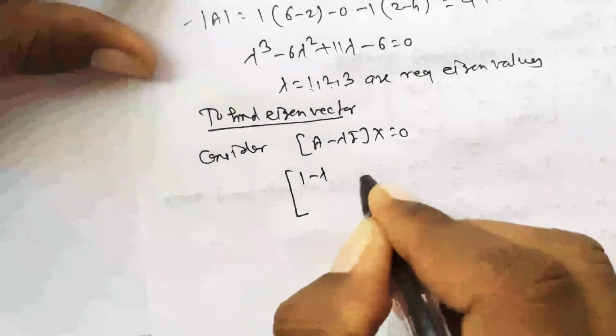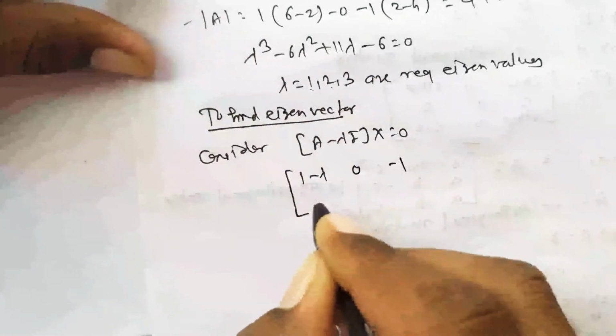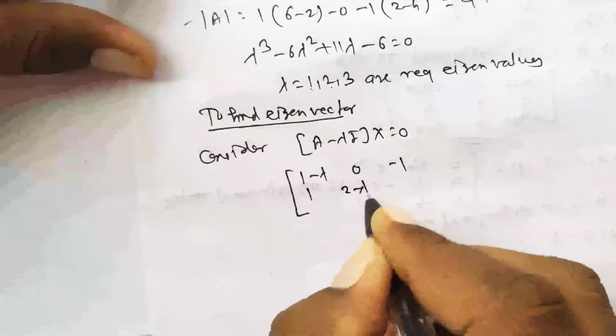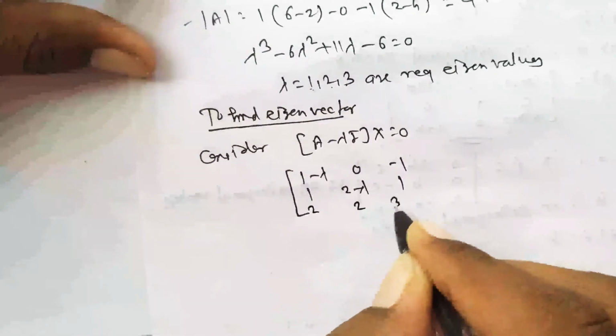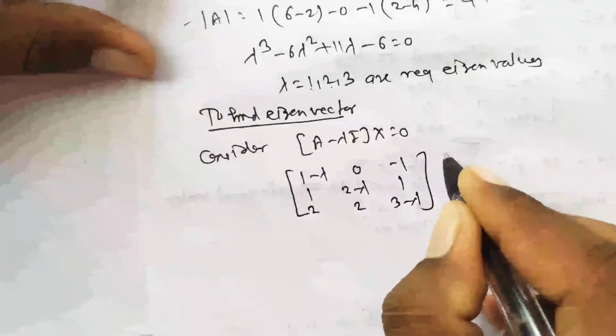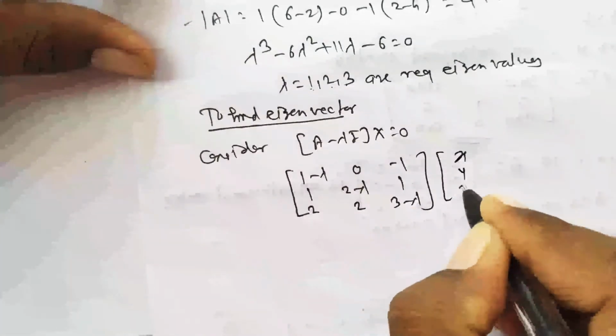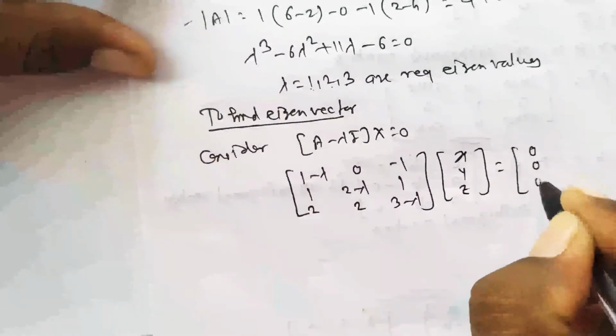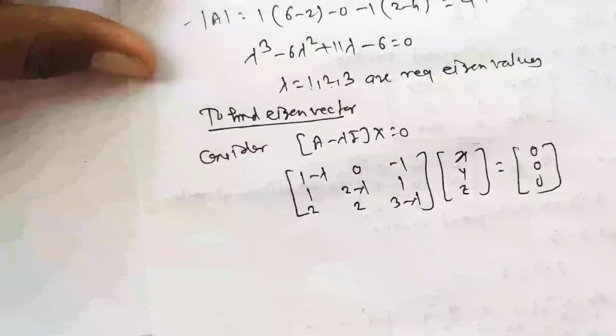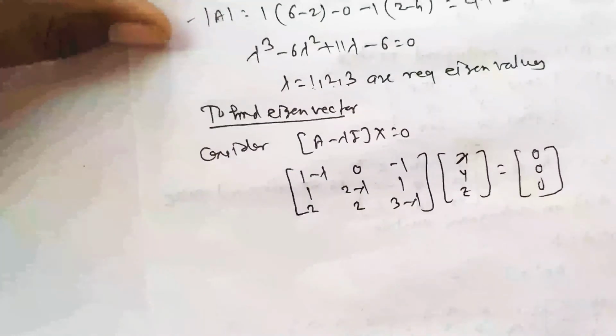That is 1 minus lambda, 0, minus 1; 1, 2 minus lambda, 1; 2, 2, 3 minus lambda; into the x matrix, x y z, is equal to 0 0 0. Okay, so this is (A minus lambda I) into x is equal to 0.